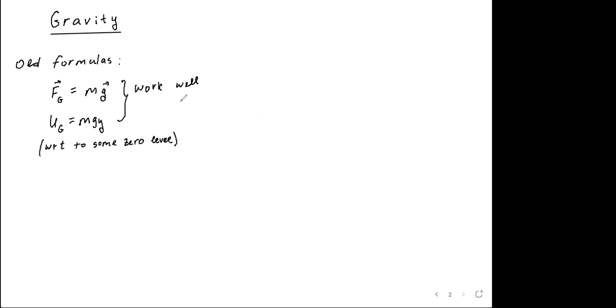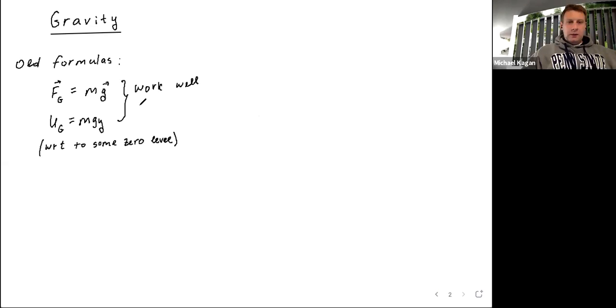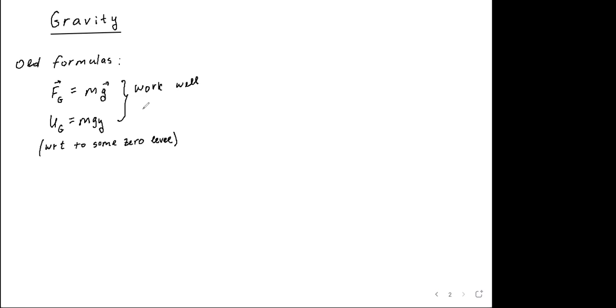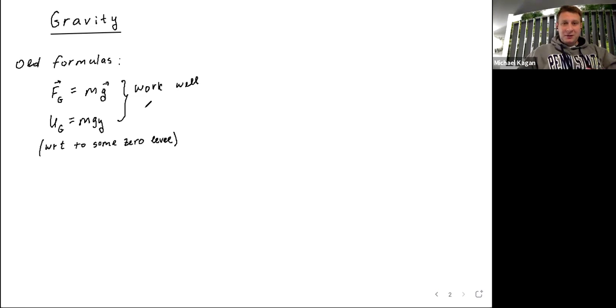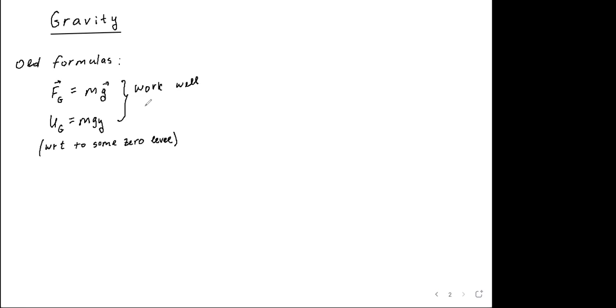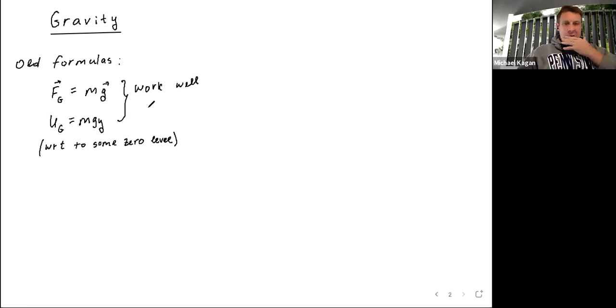Yes. Okay. So when do these formulas work well? For big objects? Okay, one person at a time. Andrew? I think they work well for big objects with big distances. Okay. Abhijit?